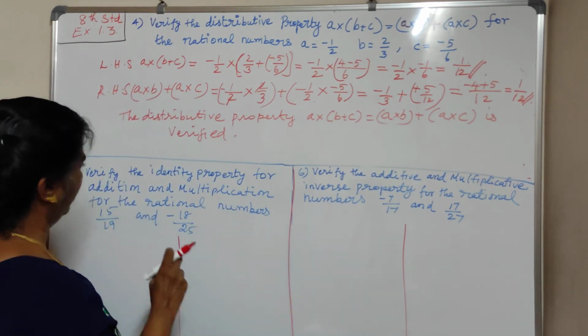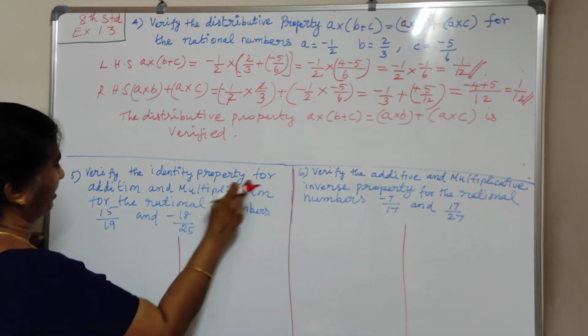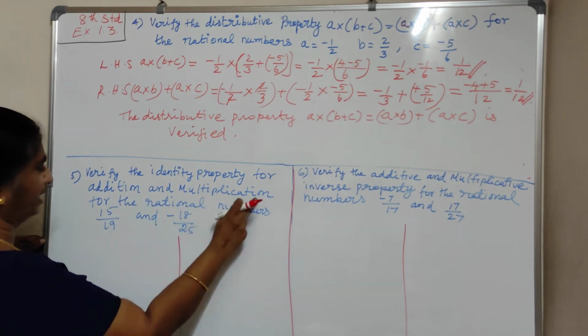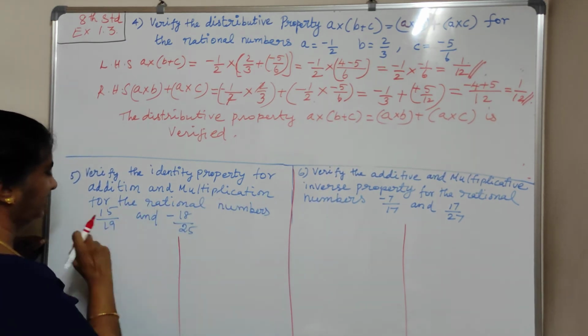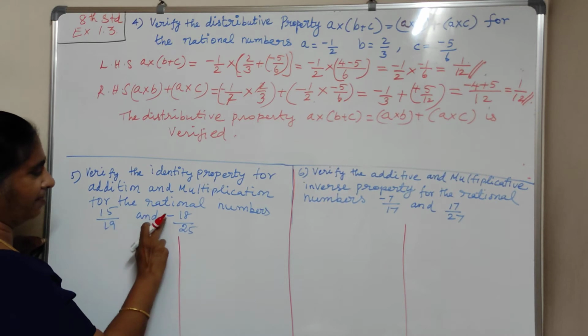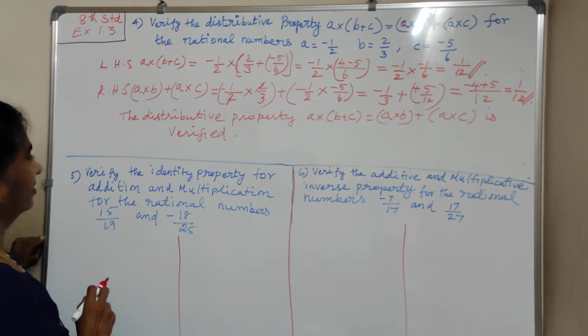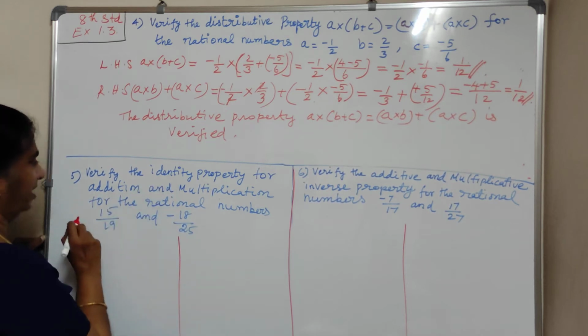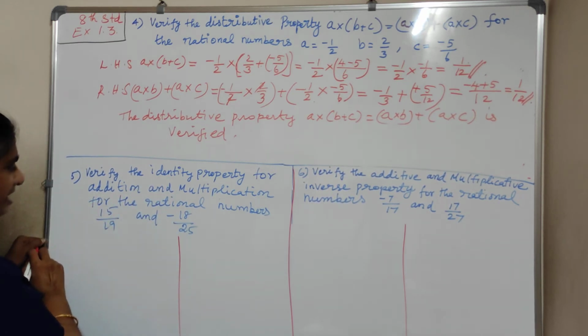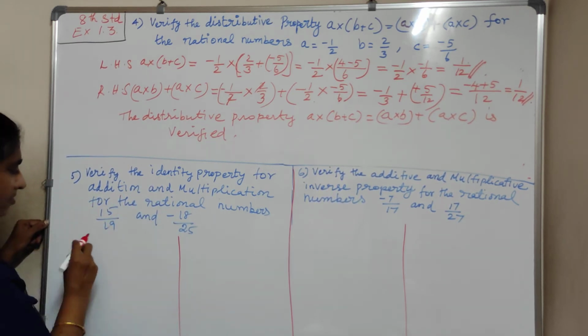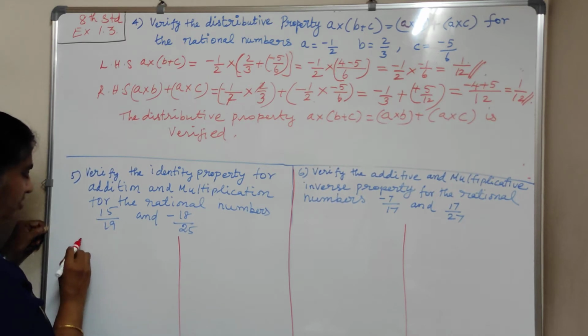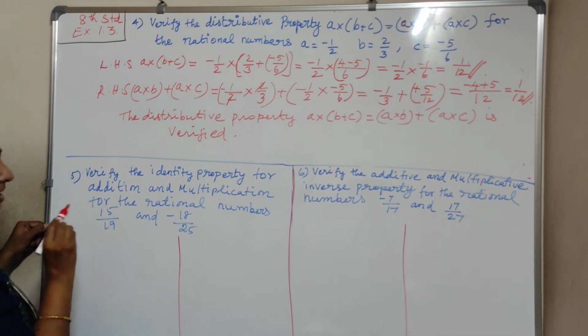Now fifth question, verify the identity property for addition and multiplication for the rational numbers 15 by 19 and minus 18 by 25. Identity element for addition is 0. 0 is the identity rational number.